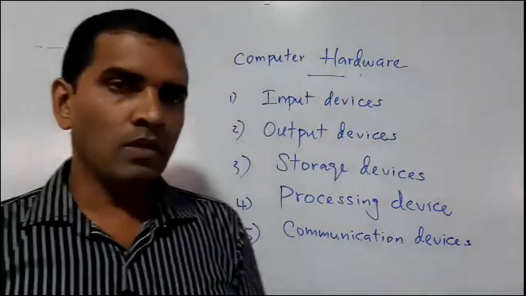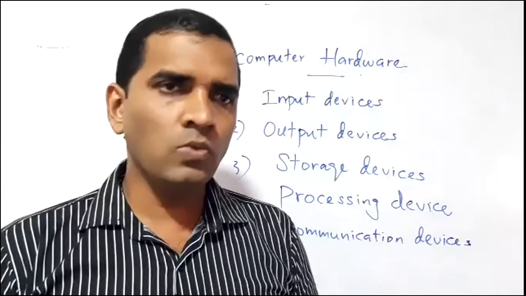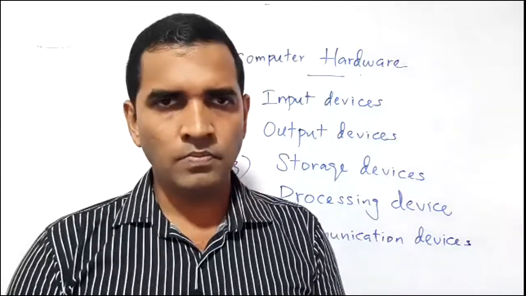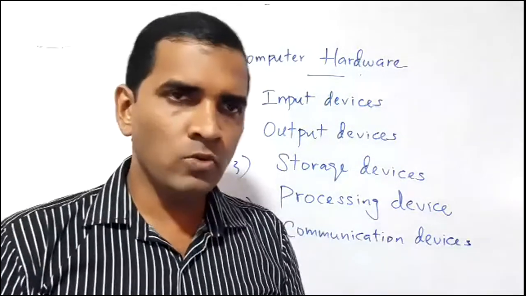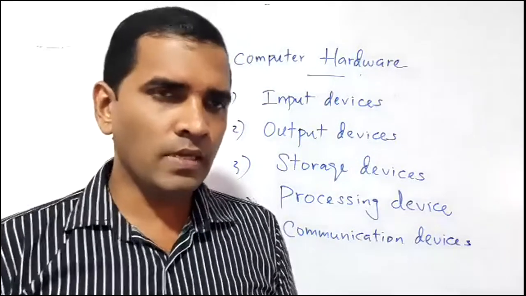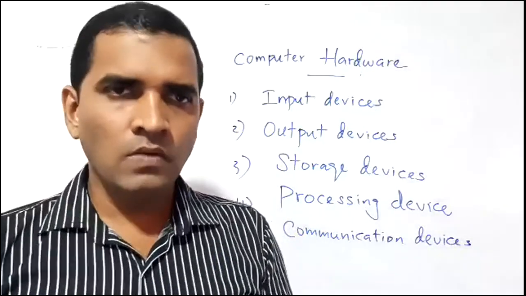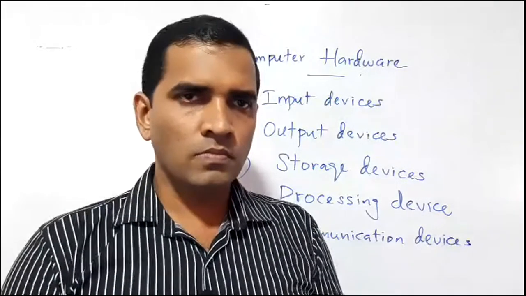The last one, communication devices. You know, nowadays we are able to communicate with people who are in different parts of the world. Even now, think about here, you are in one place, I'm here, we are physically separated. Even though we are physically separated, we are able to communicate.